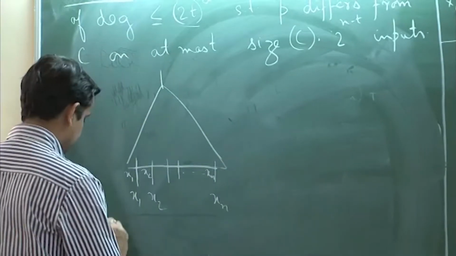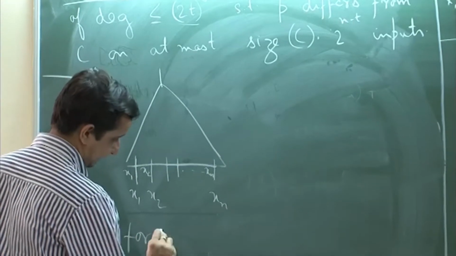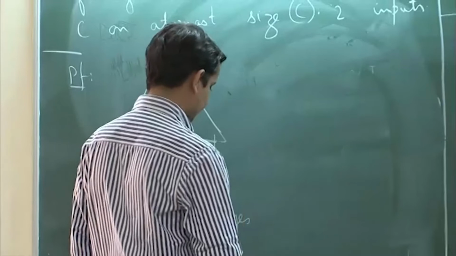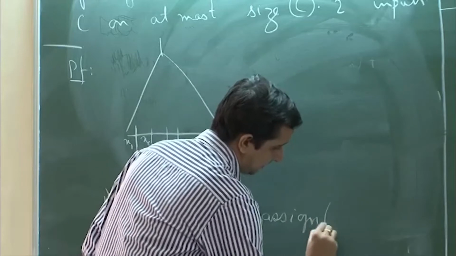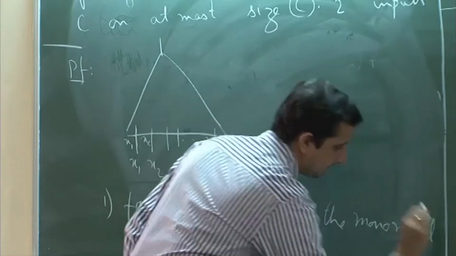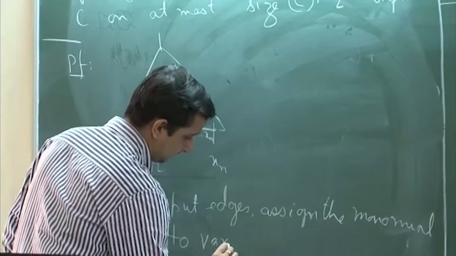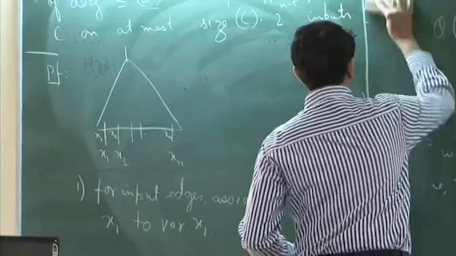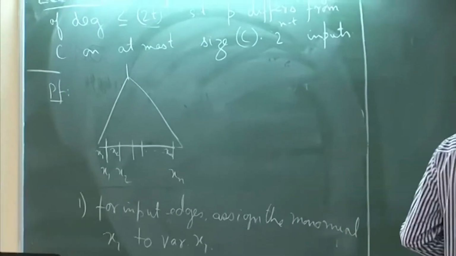So, the first thing is that for input edges, assign the monomial xi to variable xi, and we will argue for each of our cases that it gives us a proper polynomial.